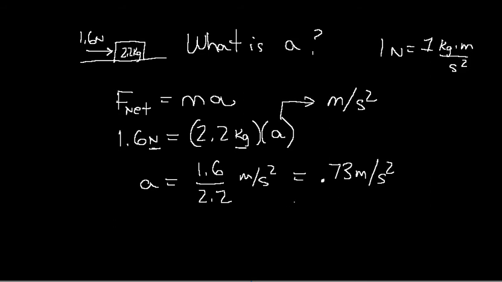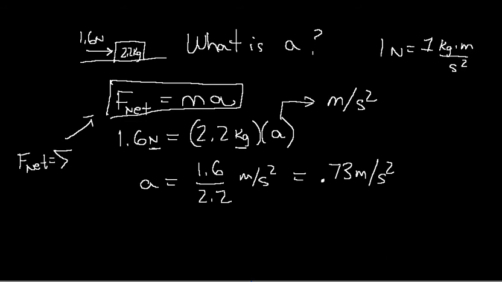And that's how we apply Newton's second law in operation. Now remember, the net force, F net, is going to be the summation of all our forces when we're doing these kind of problems.